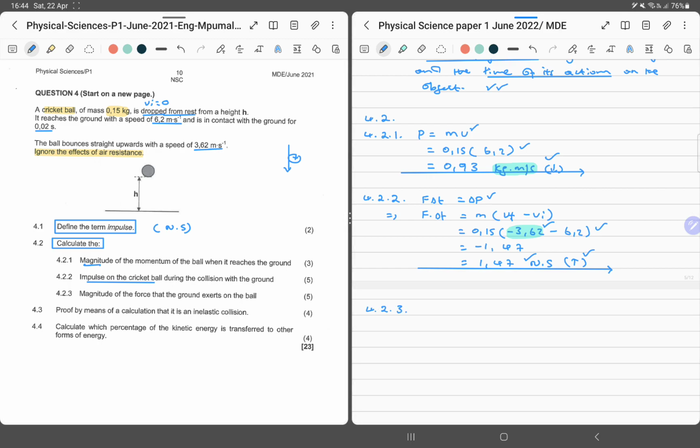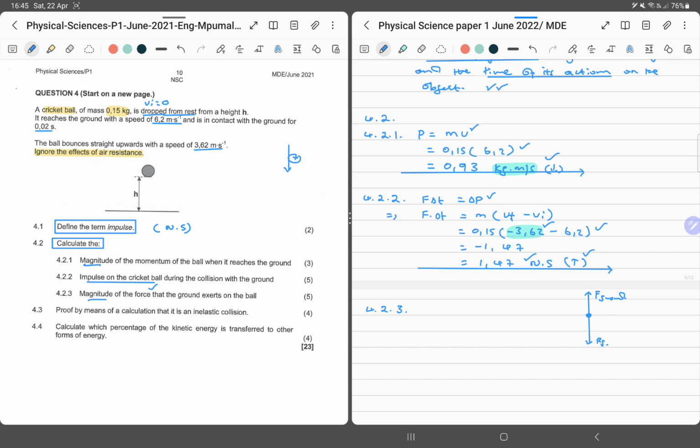But I'm moving on. So we're getting 4.2.3. It says now we want again the magnitude of the force that the ground exerts on the ball. Remember, the force in question is the resultant force. So if we draw a free body diagram on our object, it's going to experience a force upward. This is the force by the ground. And then it's going to have its weight.